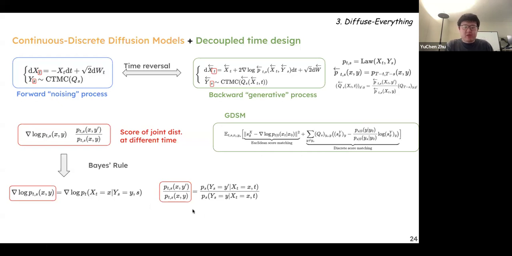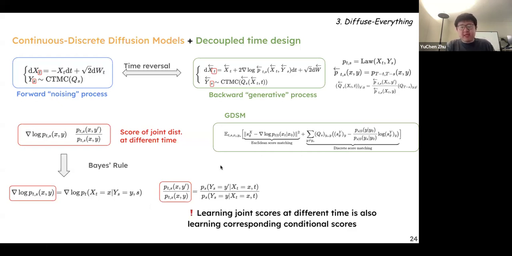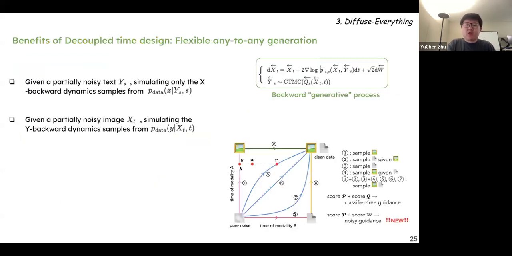And similar things happen for the discrete score. So the big takeaway is that learning the joint score at different times learns a lot of corresponding conditional scores, which enables very flexible sampling of the model, such as this any-to-any generation.